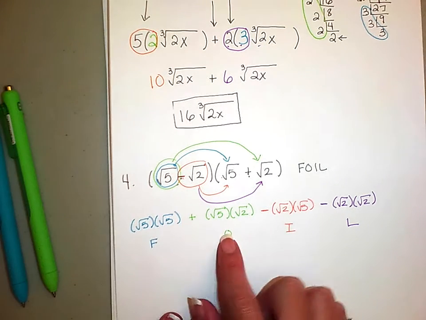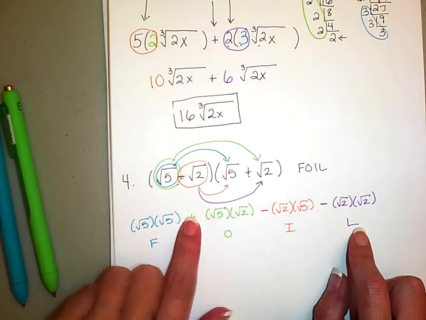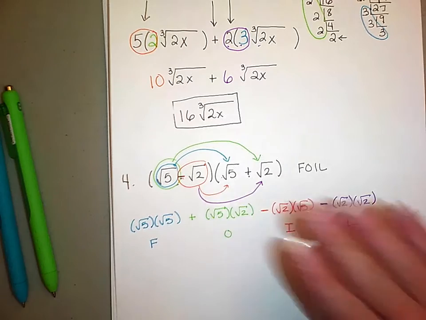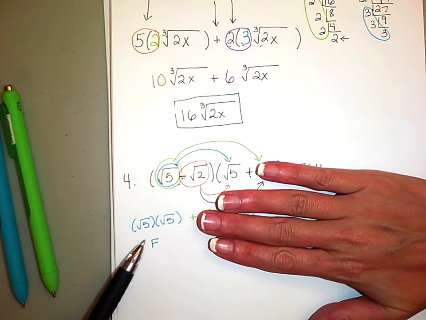So in total we have 4 terms. Remember, terms are separated by these plus or minuses. So we can just work term by term.